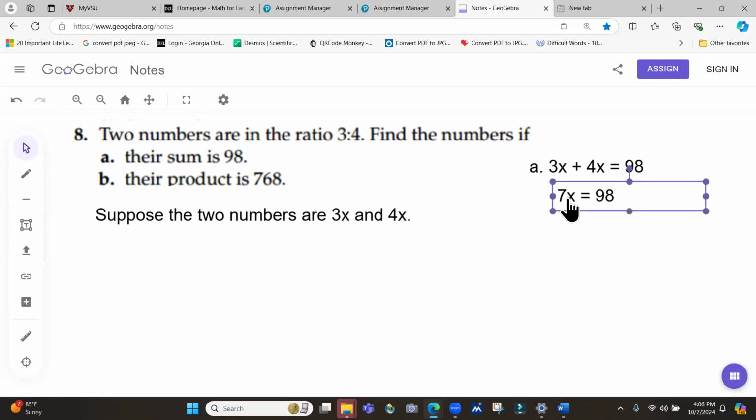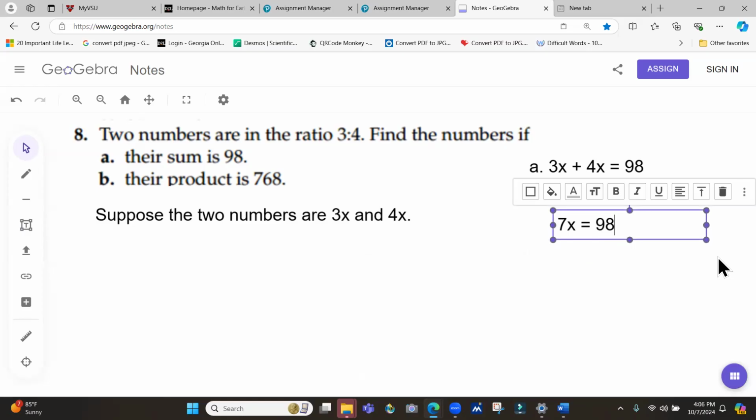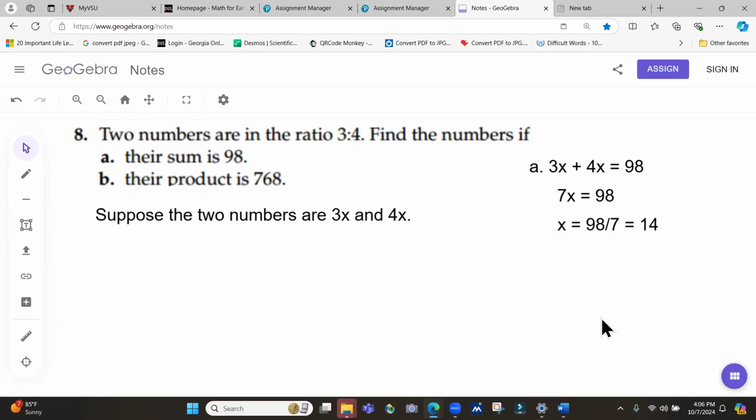And if you divide both sides by 7, I'm just going to go ahead. That's 14. Let me double check just to make sure I didn't mess up. 7 times 14 is 98. That sounds about right. Okay, so x is 14.